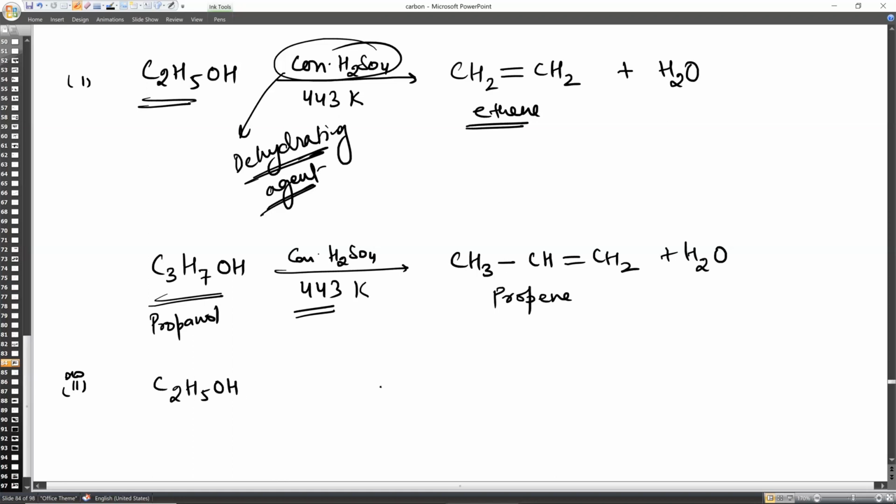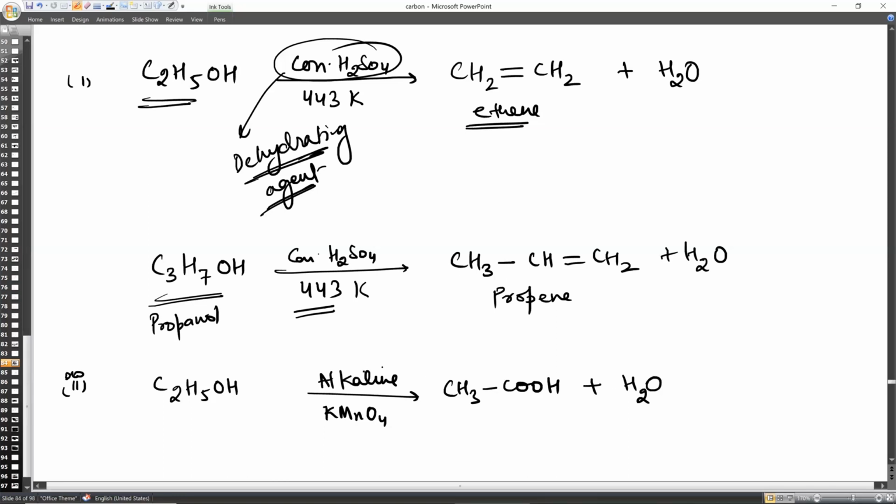C2H5OH, when it reacts with alkaline KMnO4, tell me what is going to happen. Alkaline KMnO4, potassium dichromate we added to this. What will it give you? It will give CH3COOH, ethanoic acid, plus hydrogen gas plus water.